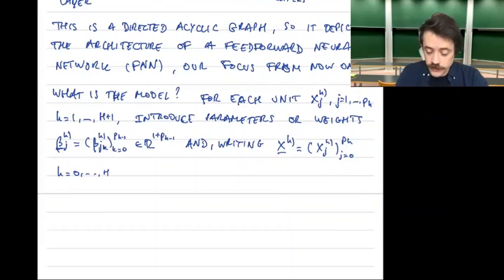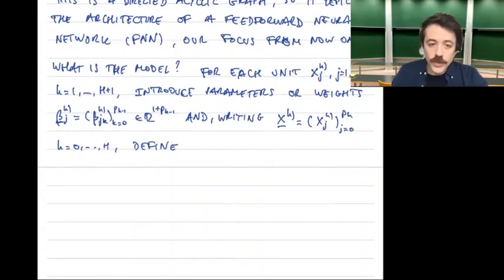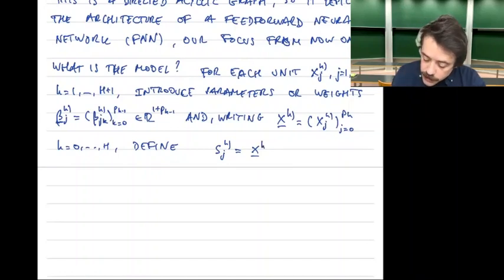So I said this would be a bit involved notationally, this lecture. We're going to define some quantities that we call s_jh, which are linear combinations. So this linear combination is the product of x underline h minus 1 transpose times the beta_jh. Okay, so it should be clear what is going on.